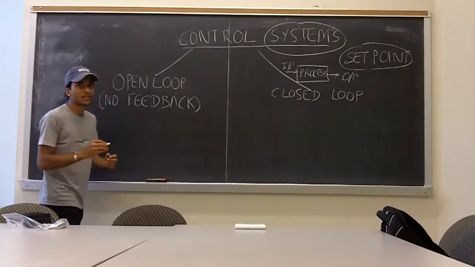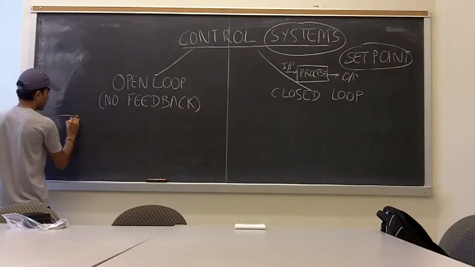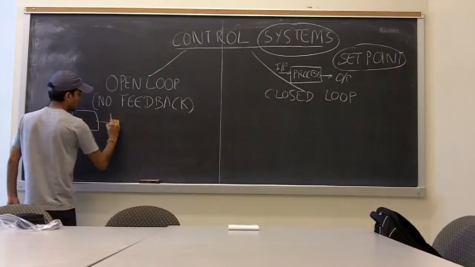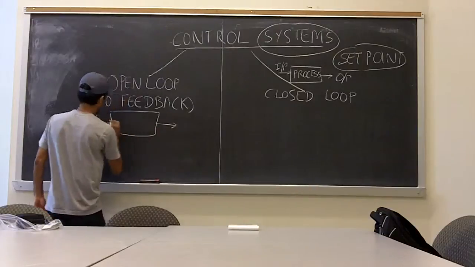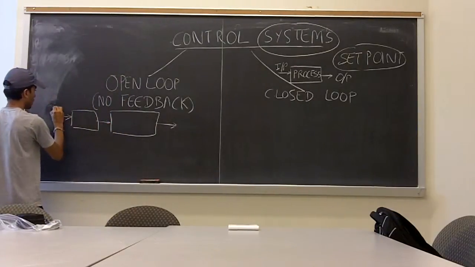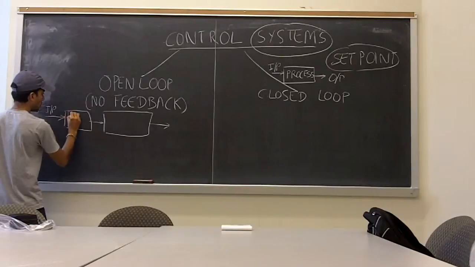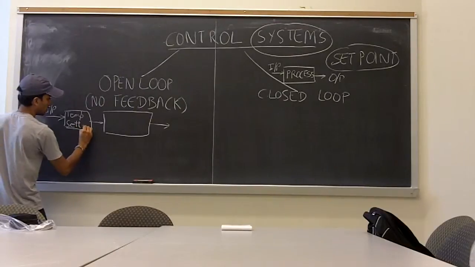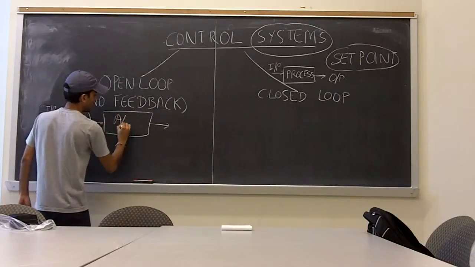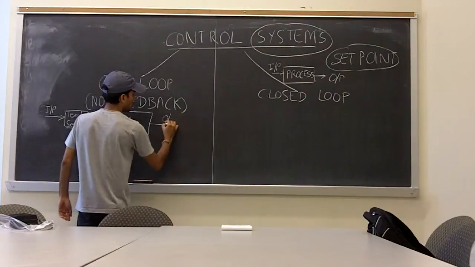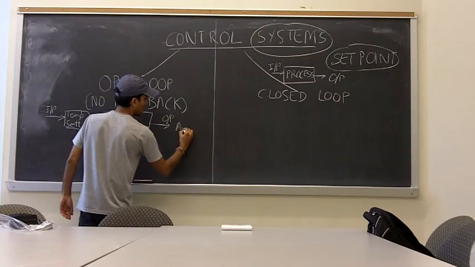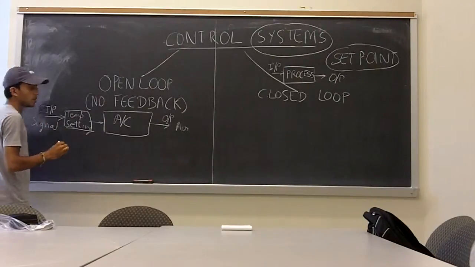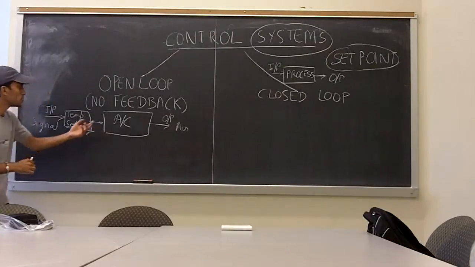Talking in terms of thermostat, they can be of two types. In case of an open loop system, there is no feedback.